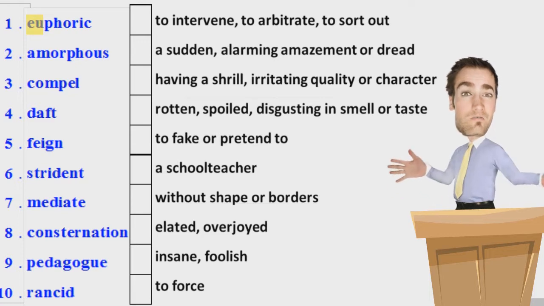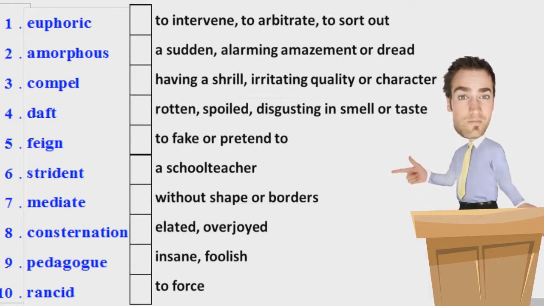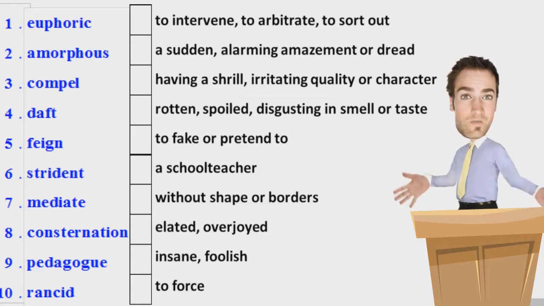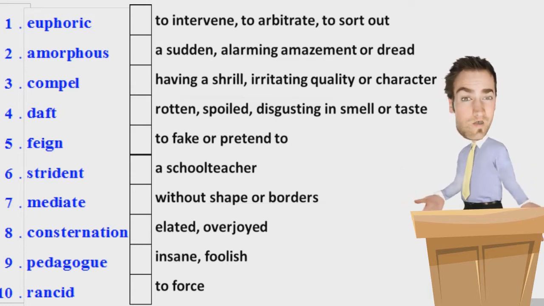A eulogy is the good things you say about somebody at their funeral. A euphony is a good sound. A euphemism is a good word that you substitute for something that might be considered vulgar or a bad word. Euthanasia is putting somebody to death for a good reason. In other words, you're not killing them because you're mad at them.